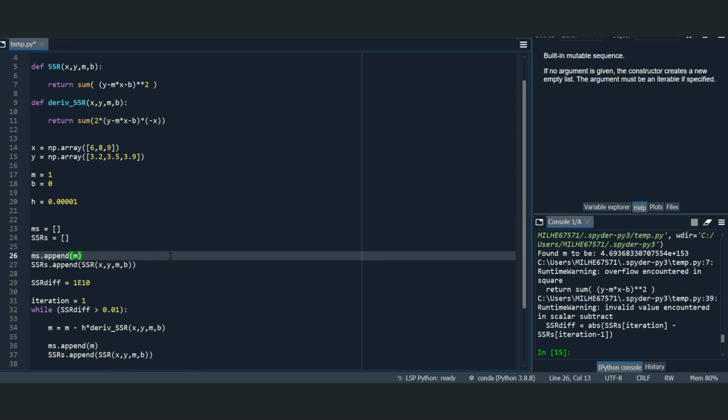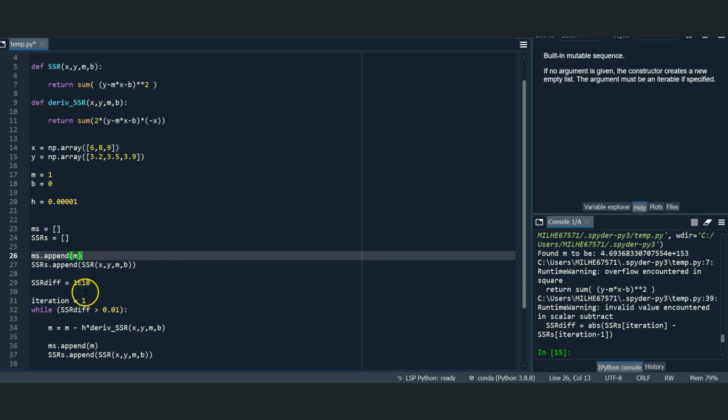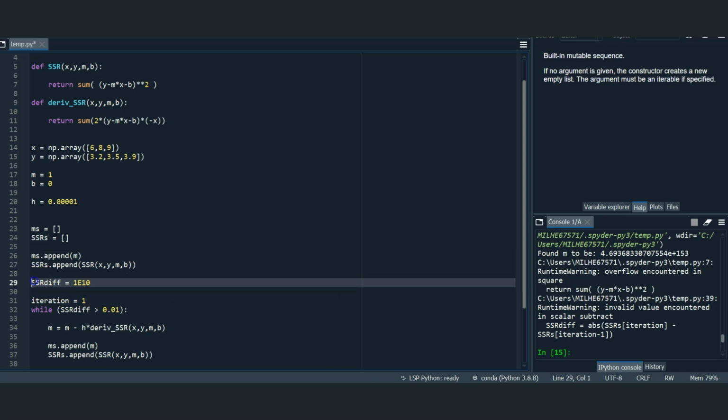So that's just going to give us essentially the value of, I think it was m equals 1 with an SSR, I want to say it was somewhere around 54.1. And then I'm going to create this little parameter here that is essentially going to be our tolerance. Right now, because we're starting off, I'm going to set that SSR diff really large.